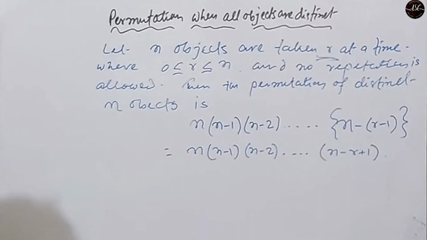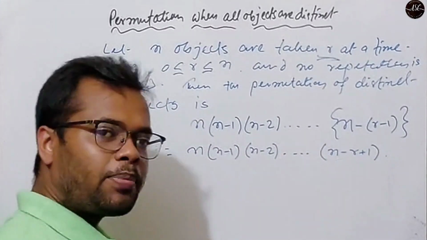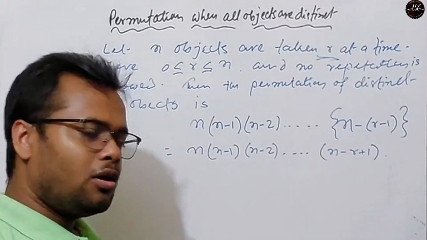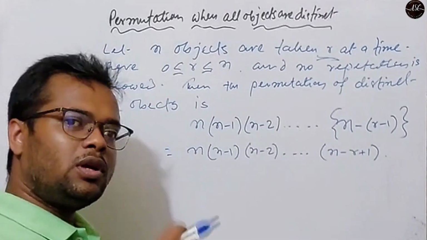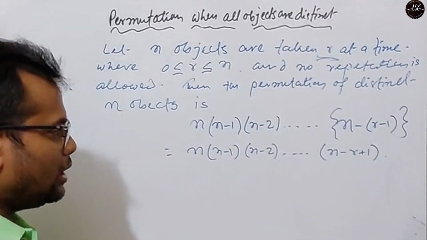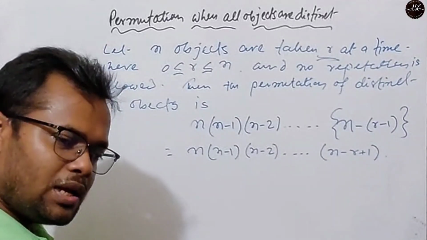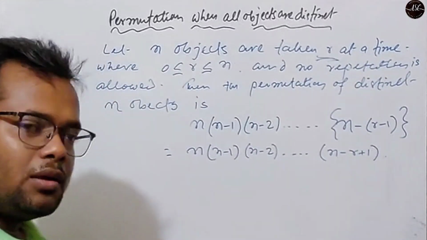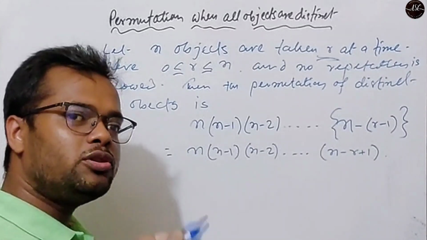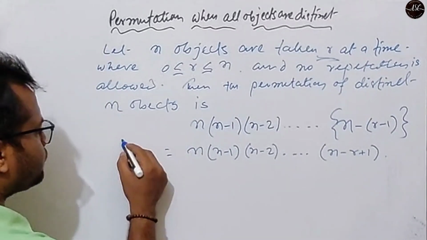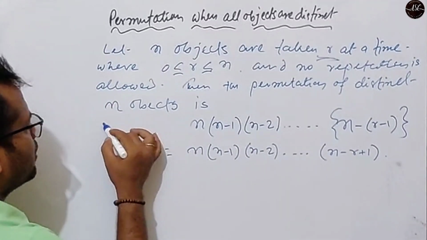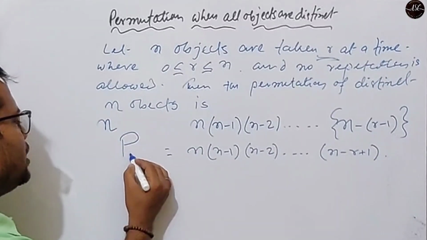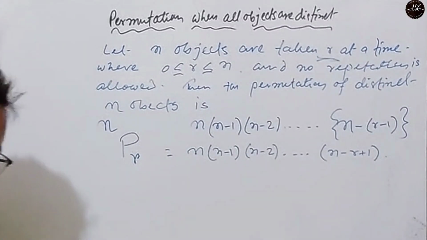Okay, so just look at this expression. This is so big. To calculate some problems, if you write this expression, there is a big calculation. So keep that in mind. The mathematicians produced a short form, that is P, with n objects and r the number of times taken.